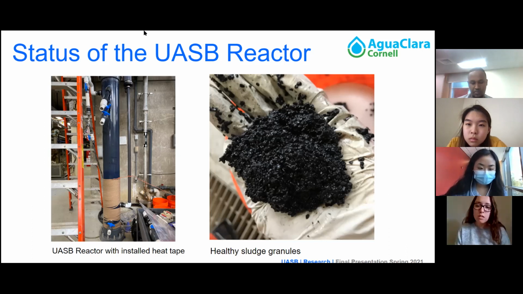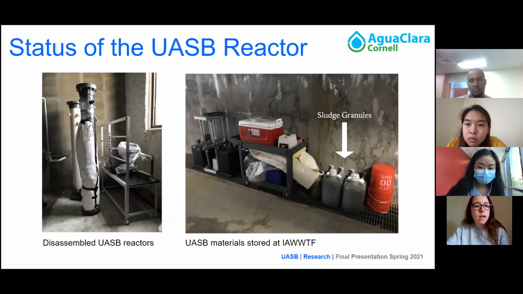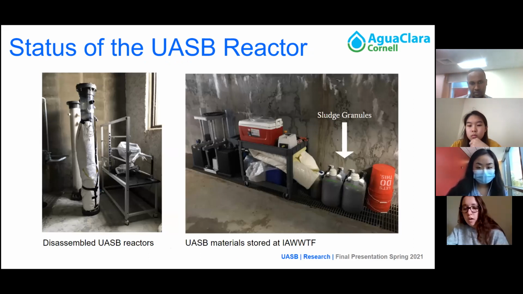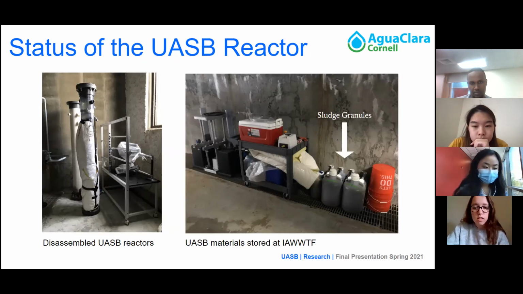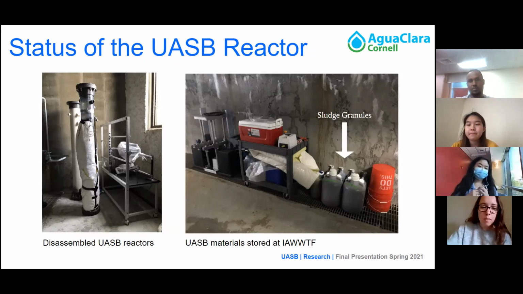This was incredibly disappointing, but one sign of encouragement for our research was the discovery of healthy sludge granules during this process. Our reactors are currently being stored at the Ithaca Area Wastewater Treatment Facility, and the sludge granules are kept in cardboard containers, as you can see on the right, and are fed occasionally with wastewater to maintain their viability.